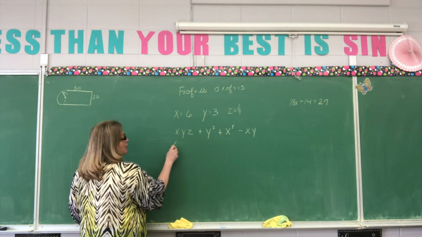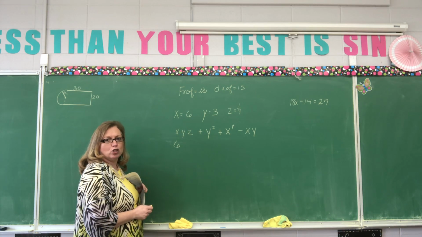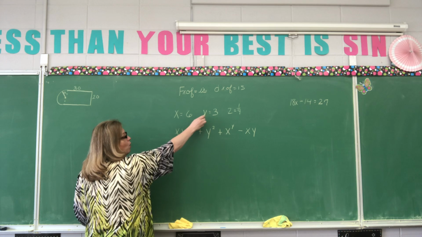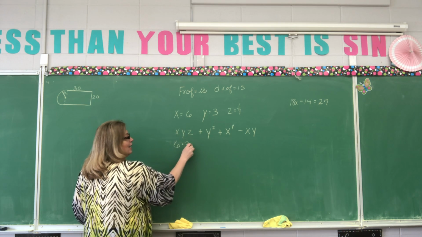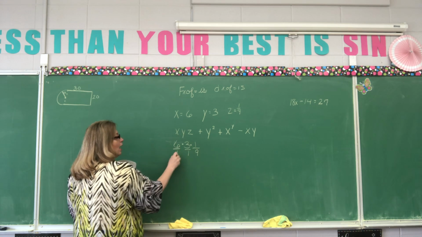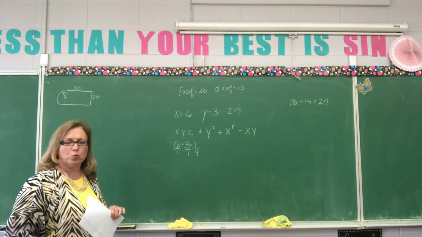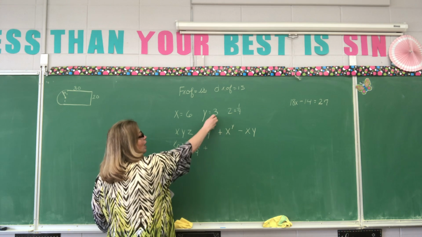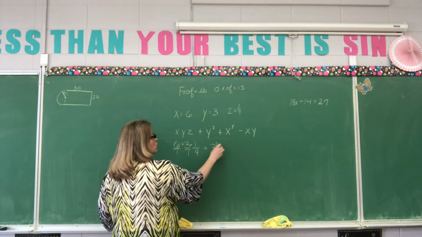X is 6. When you have 3 letters next to each other, it means to multiply. So we'll put a raised dot. Y is 3 and z is 1/9. Now, because that one's a fraction, I'm going to go on and put those over 1 as well. Okay? Plus y squared. Well, y is 3, and we're going to square that.